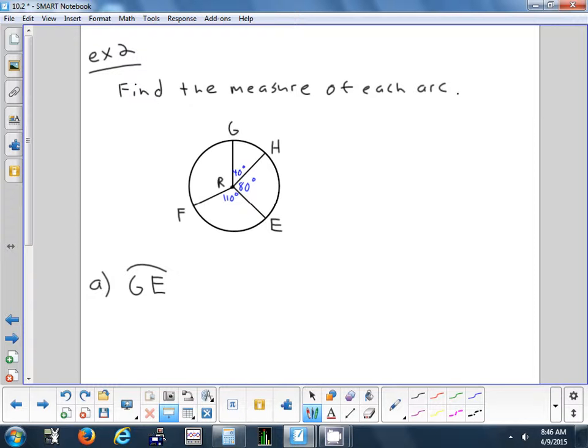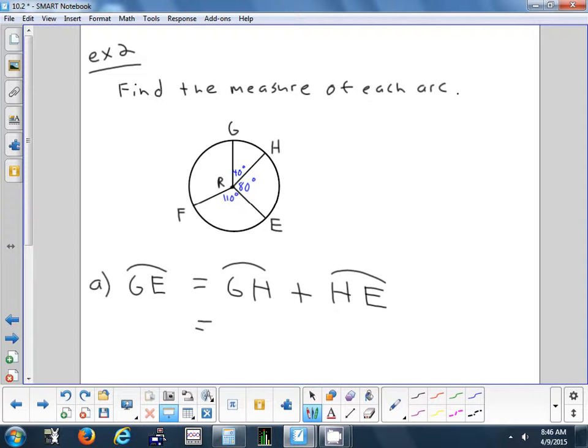The first thing I want to do is find arc GE. We're going to use that postulate we just learned. How could you find the length of arc GE? Add arcs GH and HE.